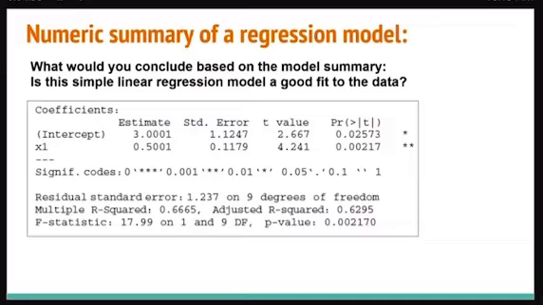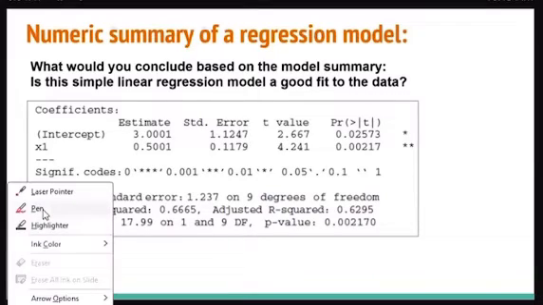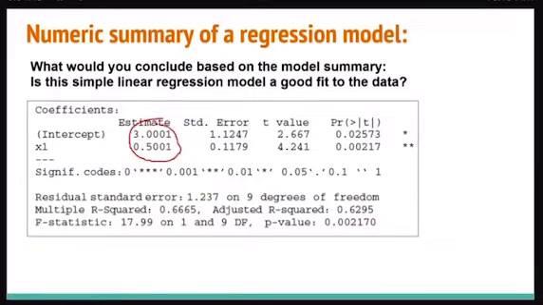Is this simple linear regression model a good fit to the data? With this output, when you take a look at this here, we actually need those values to formulate our fitted model, right? The intercept and the slope.